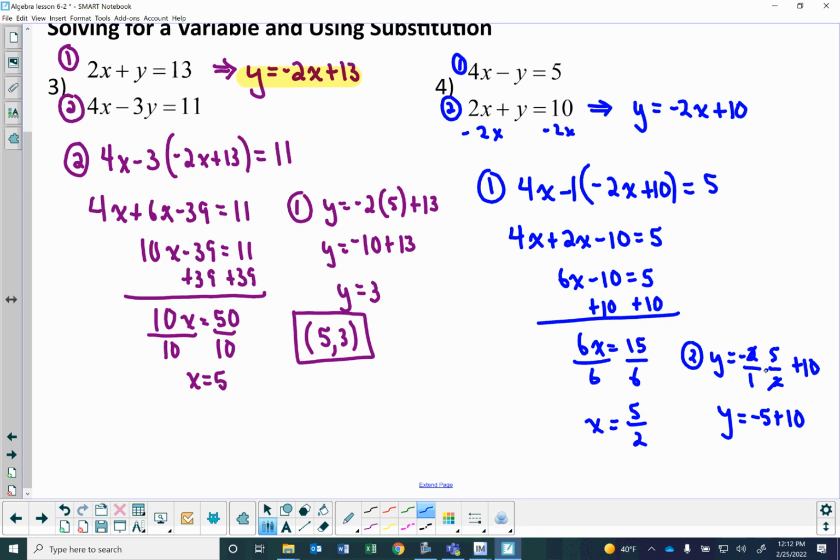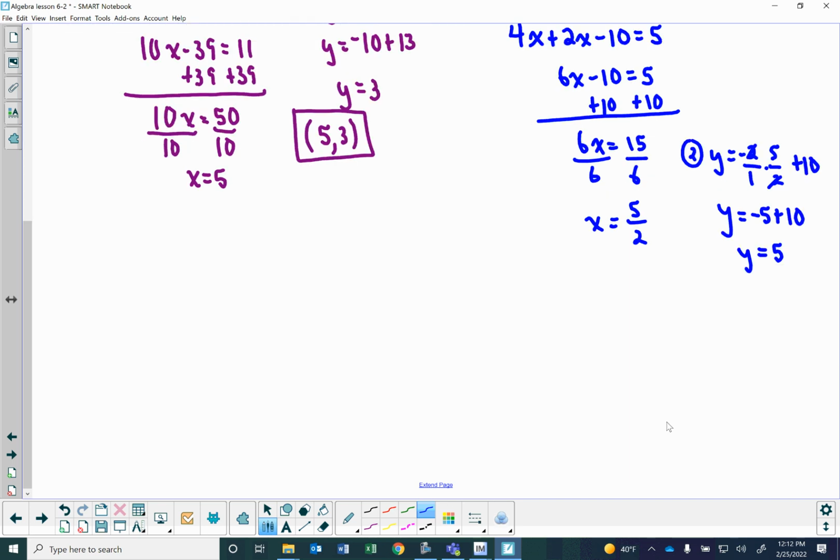Negative 5 plus 10 is positive 5. So the solution to this equation is 5 halves, 5. Or you could say 2 1/2, 5. Either one works. I tend to leave mine as an improper fraction because if I'm going to plug it back in to check it, it's much easier to plug back in and check if it's an improper fraction.